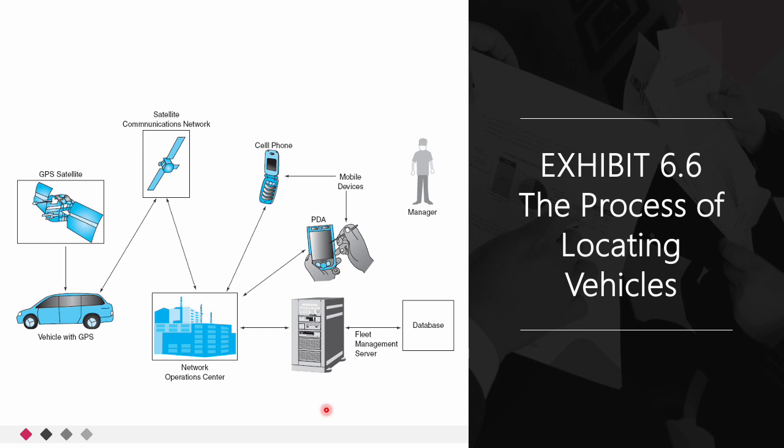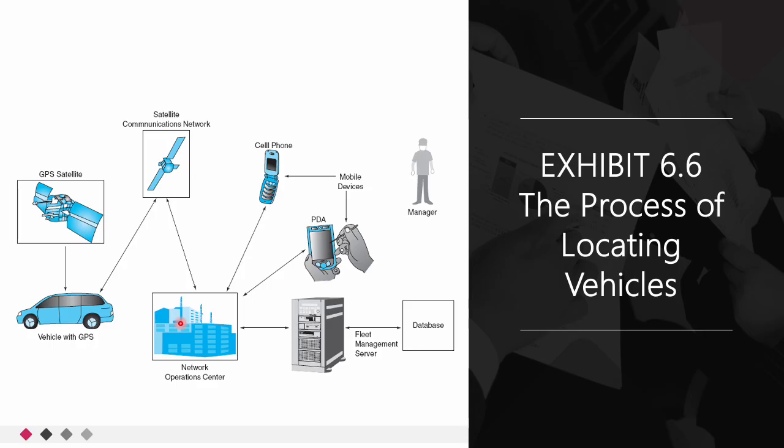The GPS satellite sends signals to the truck's GPS device, and the data travels through the satellite network to a central operation center, which processes everything and stores it in a server.